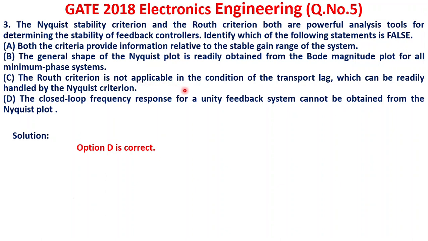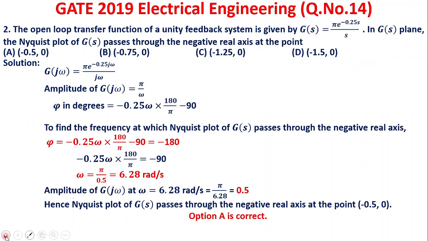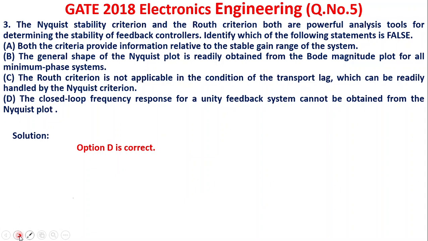In that case, you have to approximate the e power minus sT term, therefore you cannot use it properly. It can be readily handled by the Nyquist criterion. Yes, that is what we have seen in the previous problem, where we had e power something, which is nothing but transport lag. Such a particular case we can also handle by the Nyquist criterion.